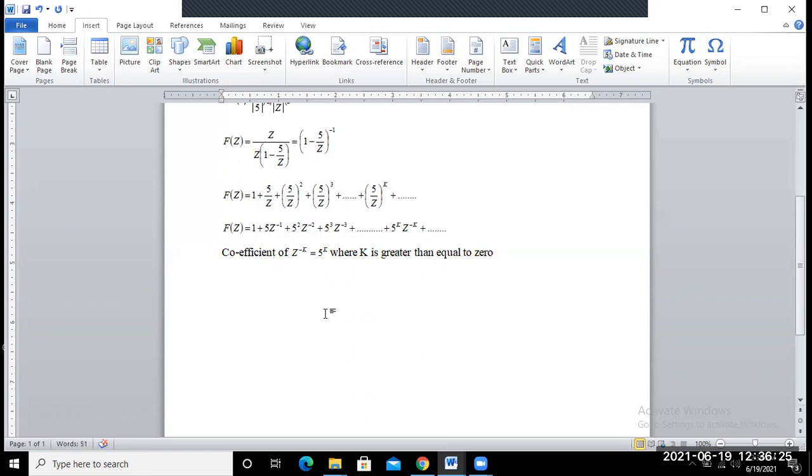So the inverse of F(z), that means z by z minus 5 for magnitude of z greater than 5, is equal to 5 to the power k.